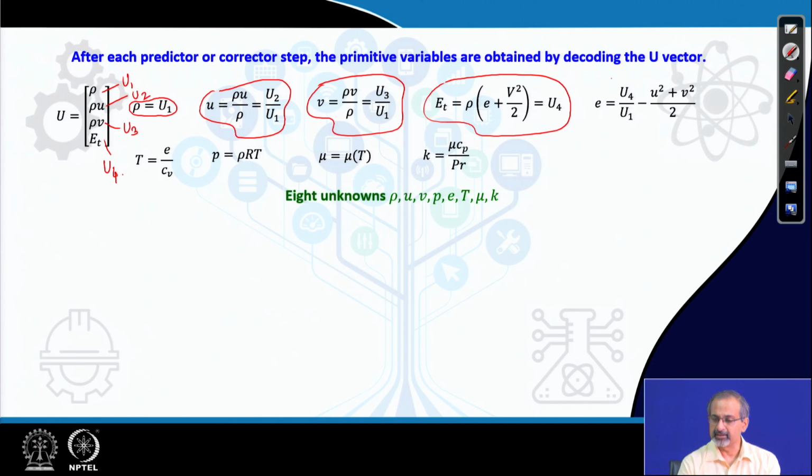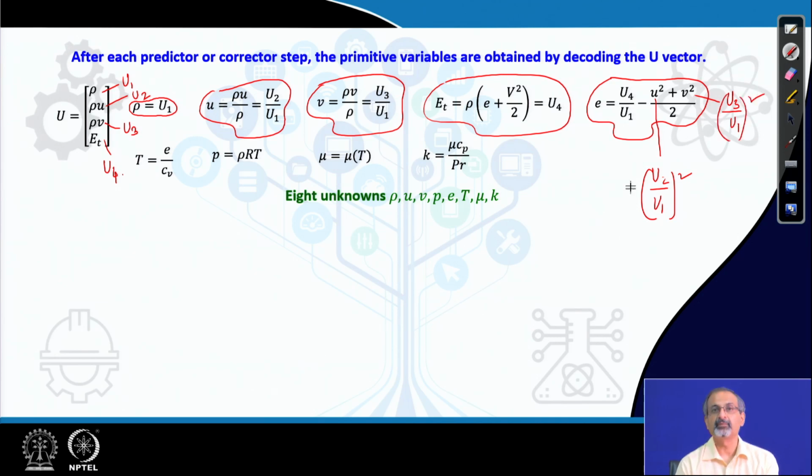Then the internal energy comes out to be an expression like this, where again u squared comes from (u2 by u1) whole squared, v squared comes from (u3 by u1) whole squared, and so on. That means, from the 4 components of u, you can finally express each one of these primitive variables.